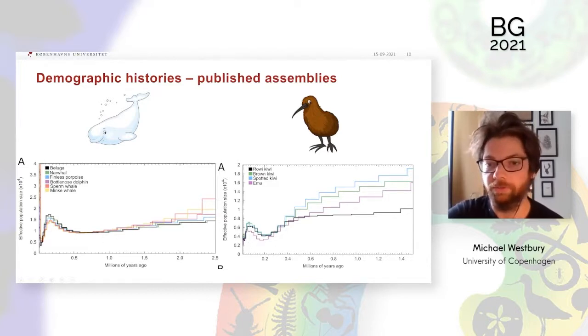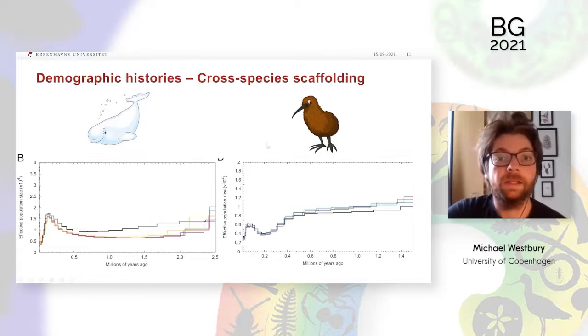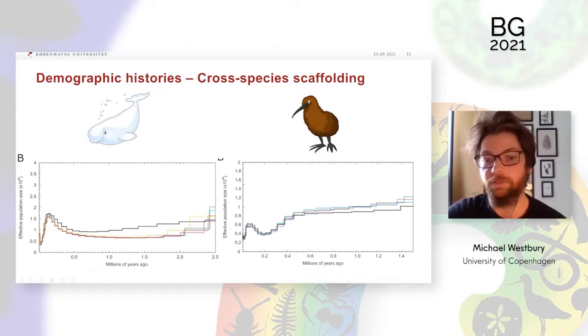And very similar with the roe kiwi, but not quite as pronounced until mapping to the emu. On the other hand, when using the cross-species scaffolded assemblies as reference, you can see that the pattern is also kind of the same, but all of the mapping assemblies deviate equally from the original result. But this is not really the case with the kiwi, so that seems to be more reliable.